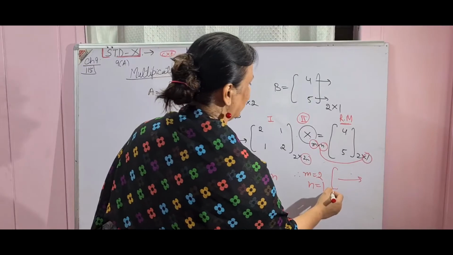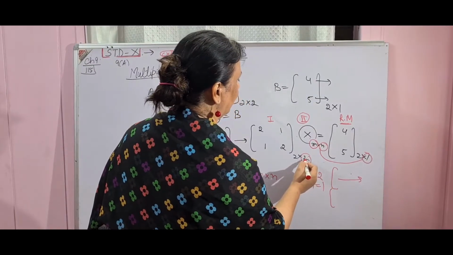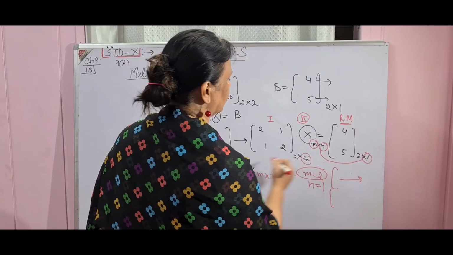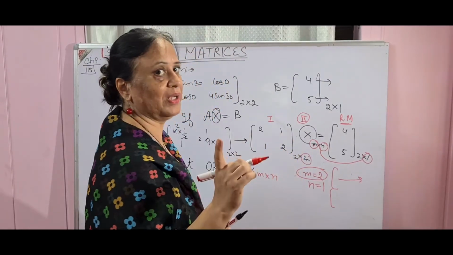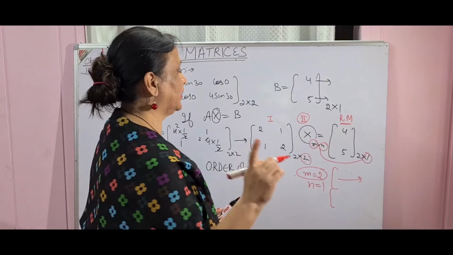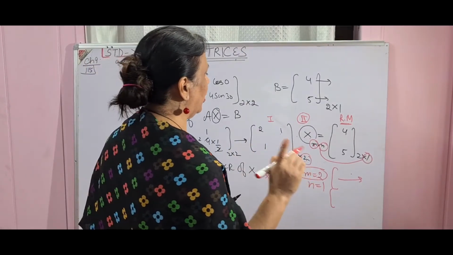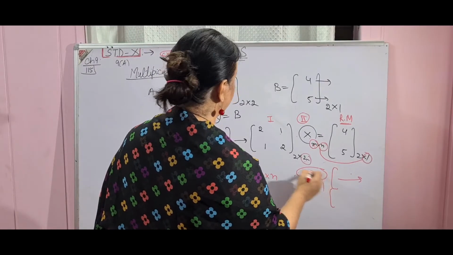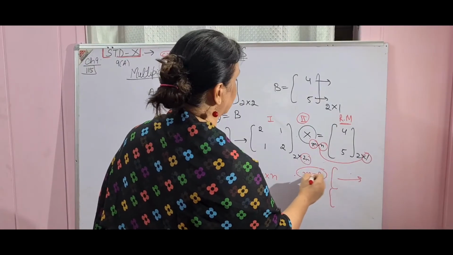You will write the rule that the columns of the first matrix are equal to the rows of the unknown matrix, so m is equal to 2. Remember, children, what I am telling you: columns of the first matrix are equal to rows of the second matrix, so m is equal to 2.